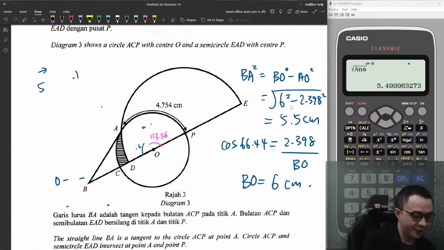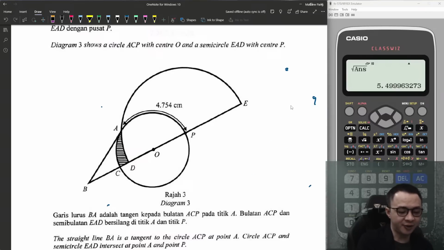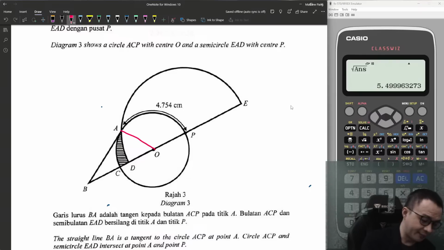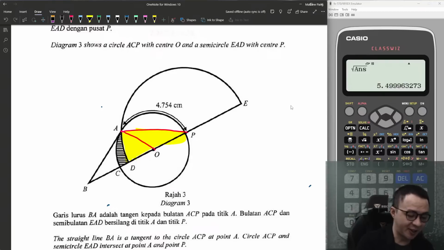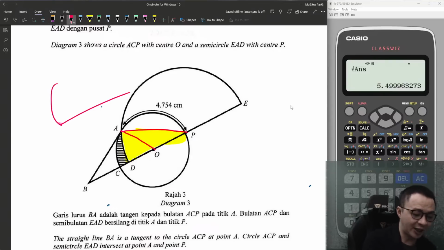Erase everything. Now I want to focus on the shaded region. In order to get the shaded region, I think this line is a must, and then I will just draw one more line like this. If I draw the line like this, you should be able to see that this is a sector, and this sector is centered at P. This is P, and these two are the same length, PA and PD.